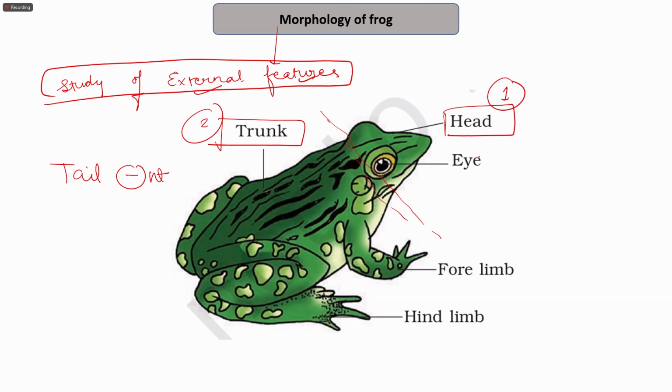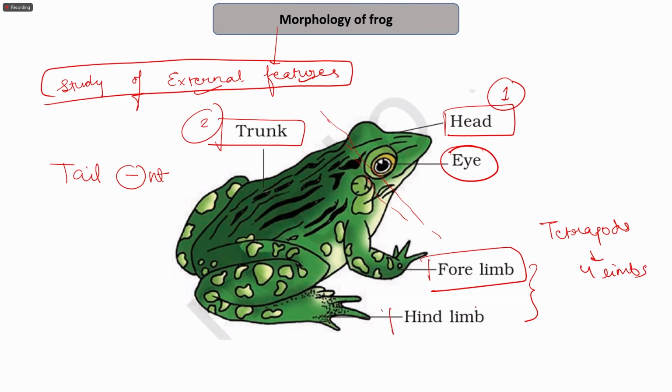In the head region, a pair of eyes is present. And we have limbs also. We know that they are tetrapods, that is, they have four limbs. So we have a pair of forelimbs and a pair of hind limbs.